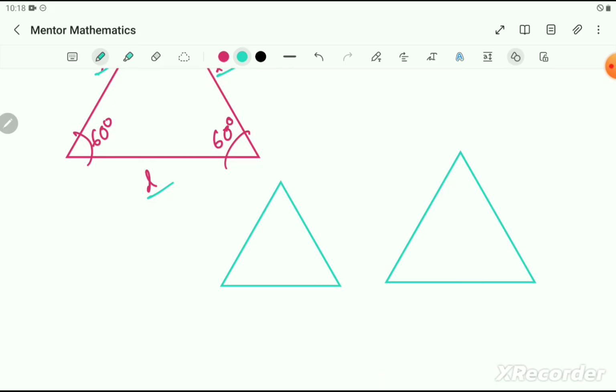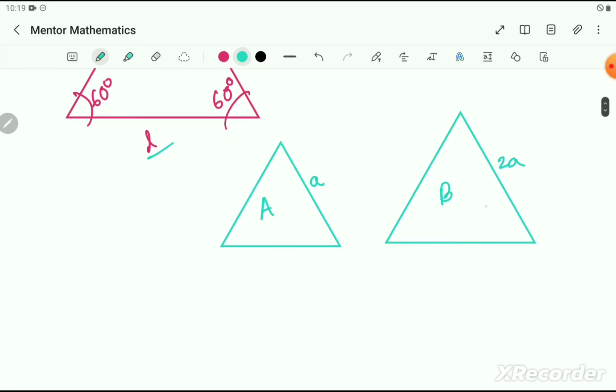In the question it was written that triangle A has side length A, and triangle B has side length 2A. We have to find the surface area of B, whether it is greater than the area of A, or less than, or double. We have to find out.